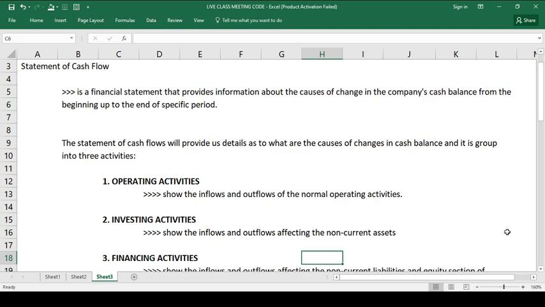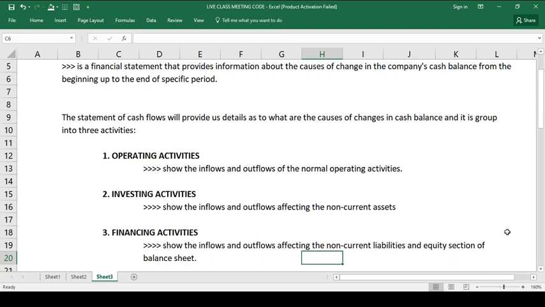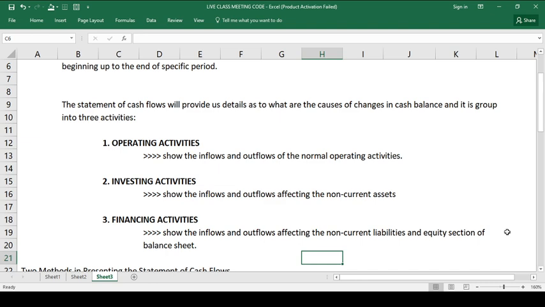Anything that will affect the non-current asset portion of the balance sheet is considered investing activity. Pero make sure that what makes the change in the non-current asset portion is a cash transaction, kasi this is a statement of cash flow. And then we have the third part of the statement of cash flow, which is known to be the financing activity.